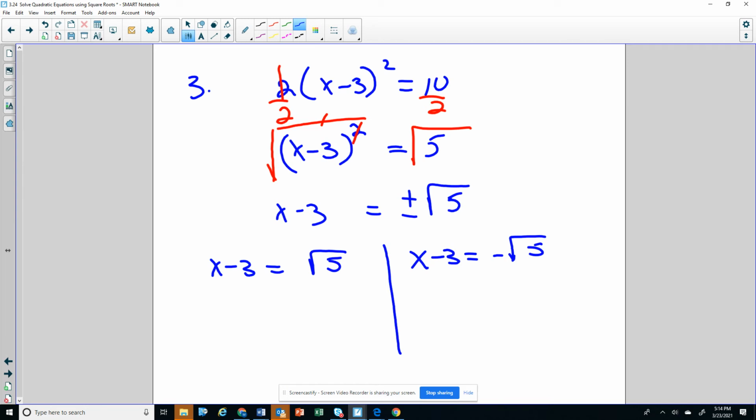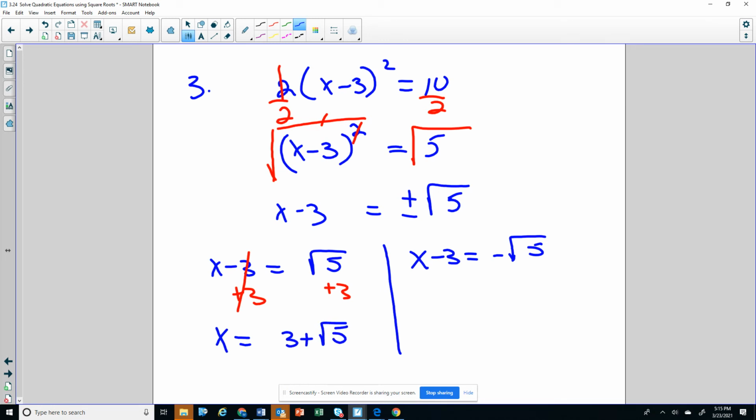To get x by itself now, I'm just going to add a plus 3 here and a plus 3 there. That goes away, and I'm left with x is equal to 3 plus the square root of 5.